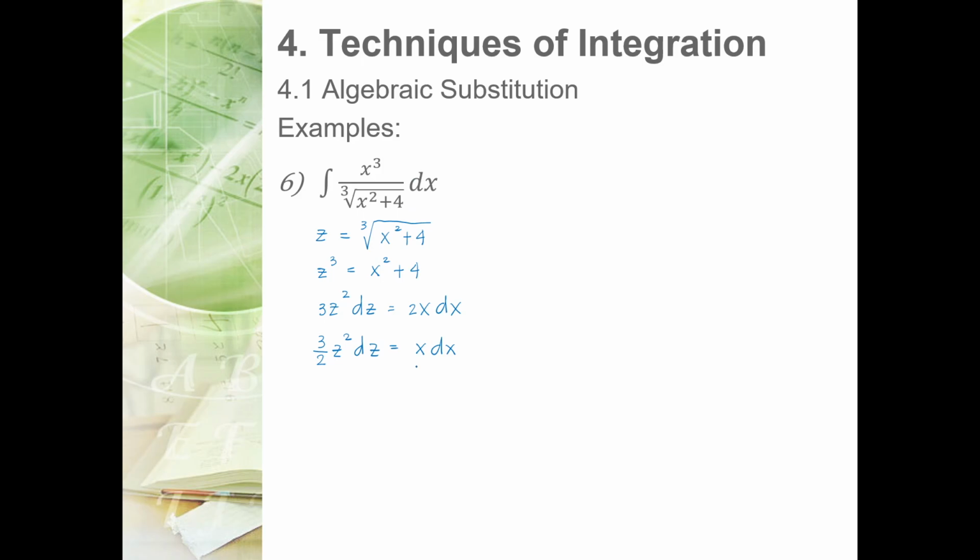But we have x only in the derivative sa ubos, x dx. So how are we going to do that? So let's try breaking this one down into its components. So instead of x cubed, let's try x squared times x, di ba? So we now have x dx, di ba?